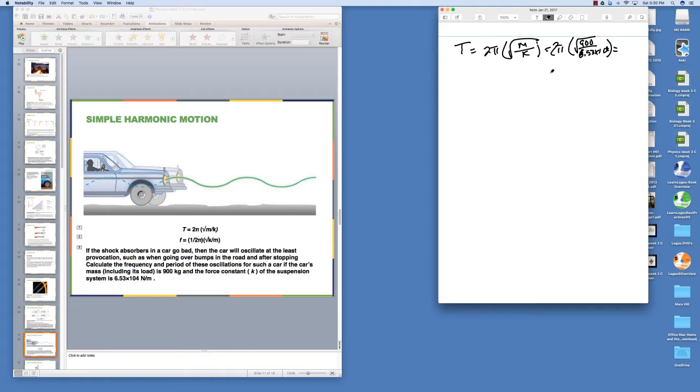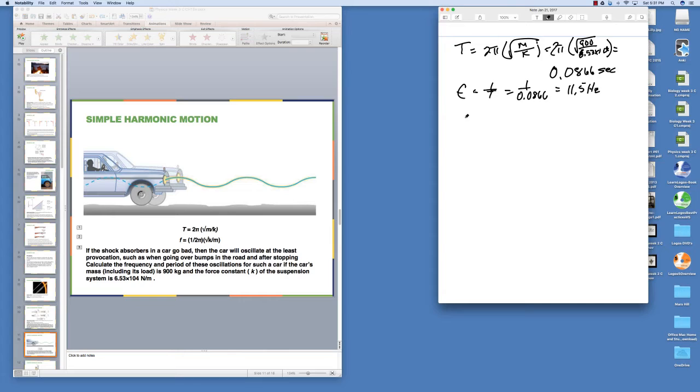If we do the math in this situation, we get 0.0866 seconds. The frequency is equal to 1 over the period, so 1 over 0.0866 seconds, and that is going to be 11.5 oscillations per second, or hertz.